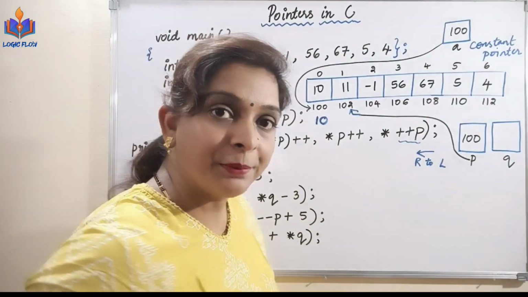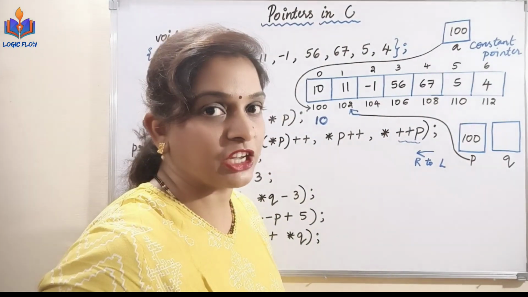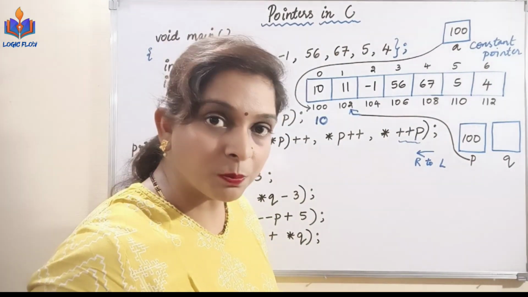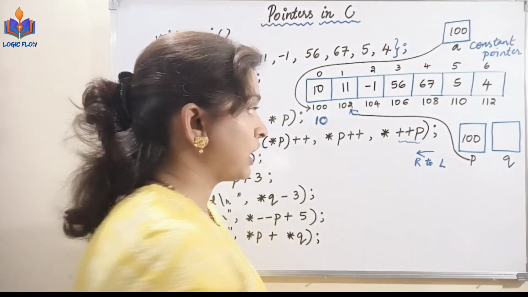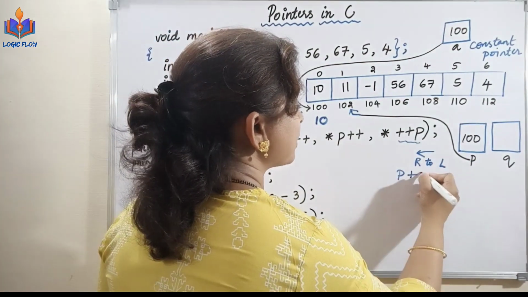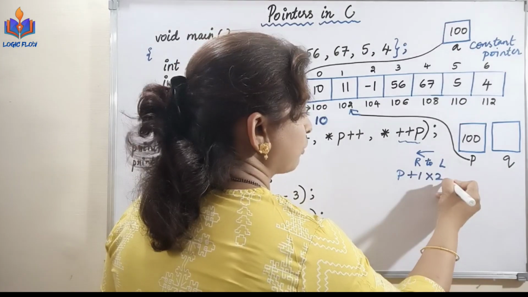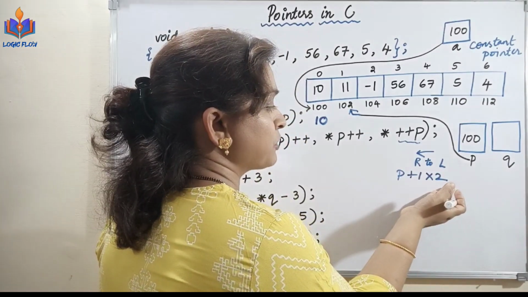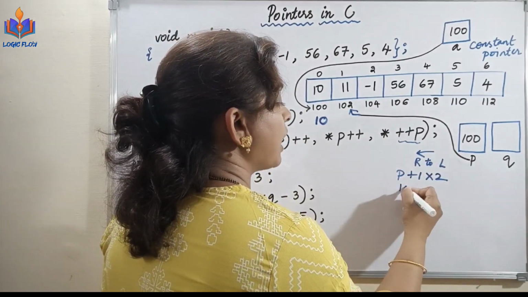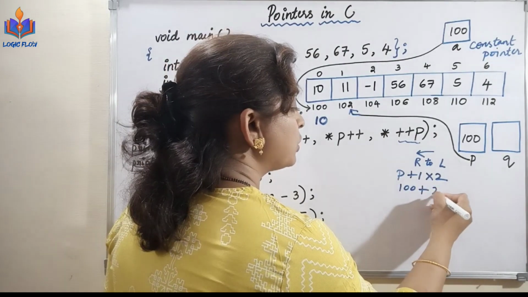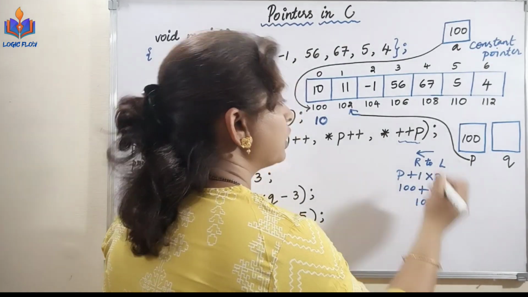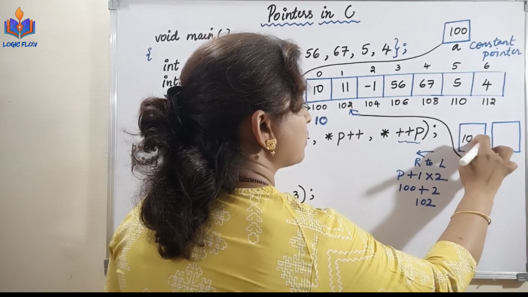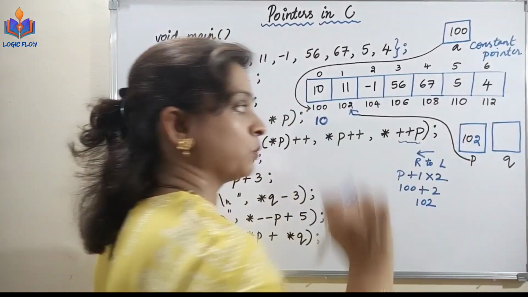Now when I say pre, first you do the incrementation. ++p means p equal to p plus 1 into size of the data type. If I take a 16-bit machine, it is 2. So it is 100 plus 2. So it is 102. So now it is pointing to the location 102.